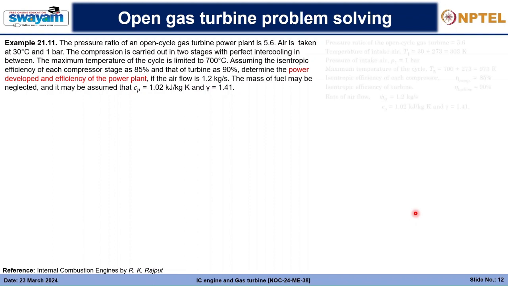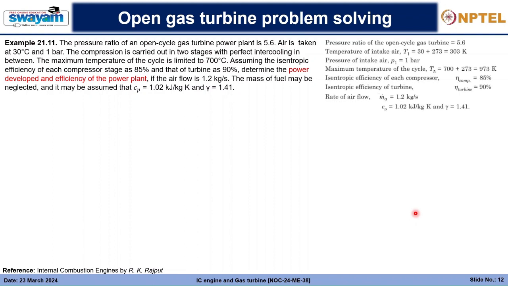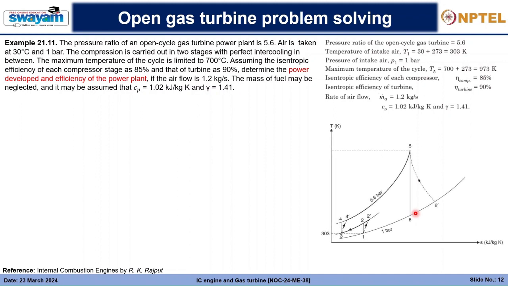Okay, then let us solve this question. These are the inputs that we are given, and this is the TS diagram that we can have. It is told that we have compression in two stages with a perfect intercooling. Stage one is 1 to 2 dash, which is compression, and the air at 2 dash is cooled down to 3, which is again equal to T1.